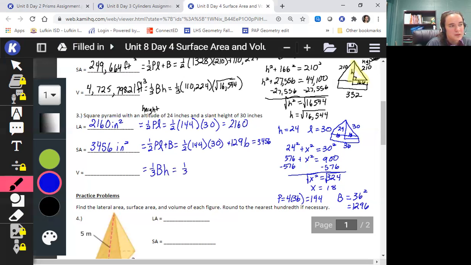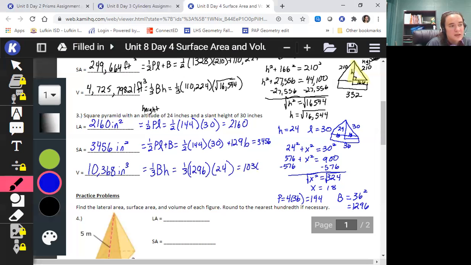So 1/3 times the area of our base, which is 1,296, times our height, which is 24. And we get 10,368 inches cubed.